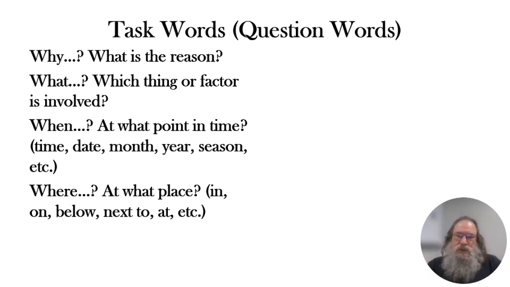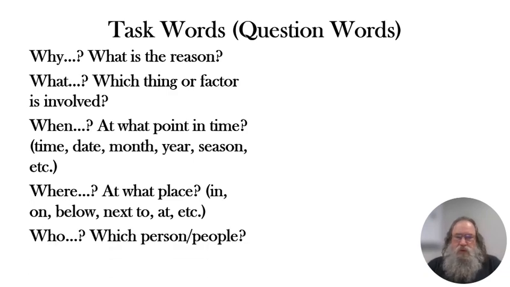So those prepositions must be included in your answer. Then you have who. When you see the question who, of course, remember that always refers to people, humans. Okay? Who, in your answer, you will always have to put one or more human beings. And of course, how, you see there, it's looking for the method.